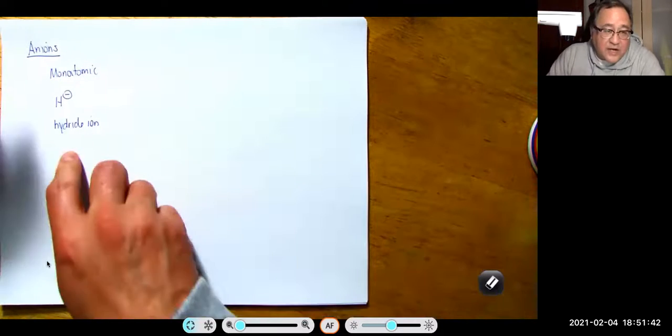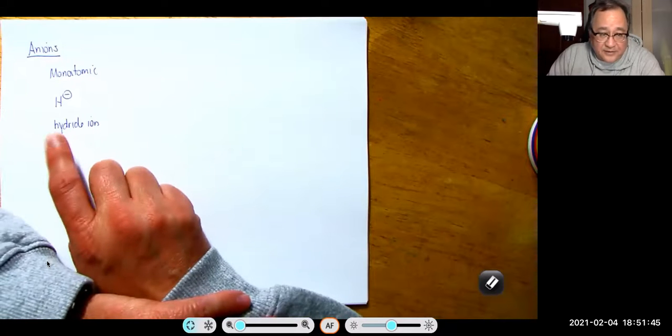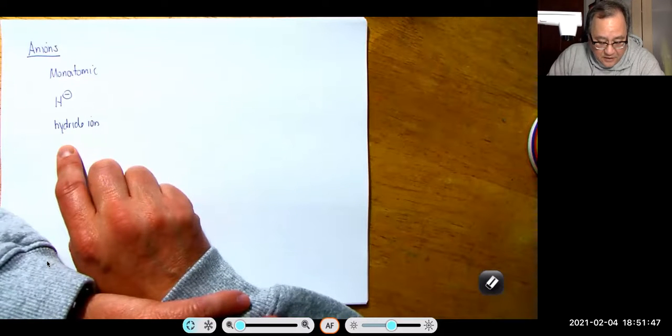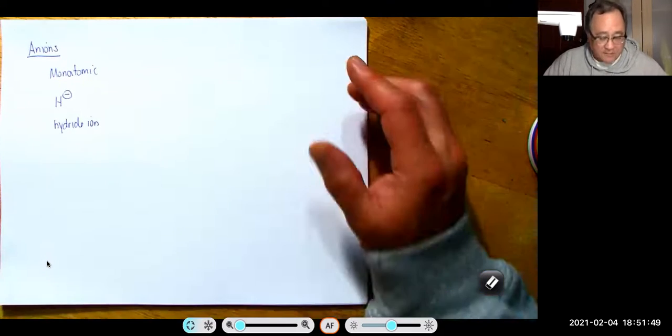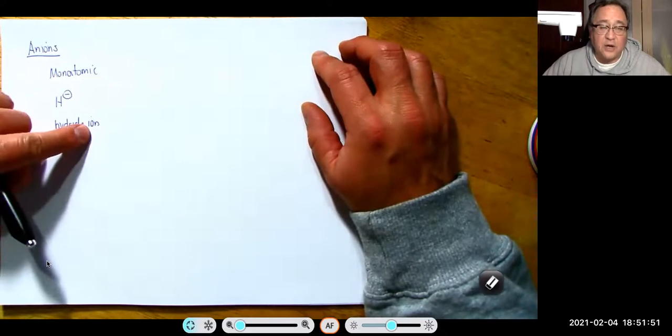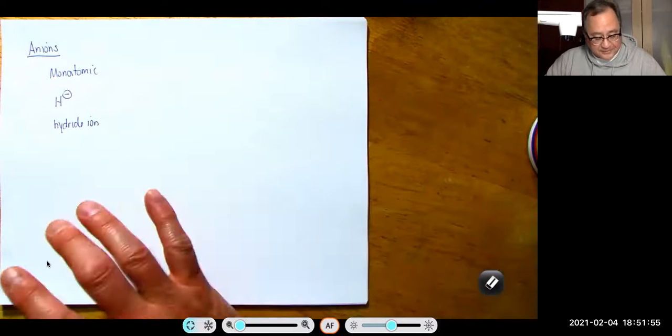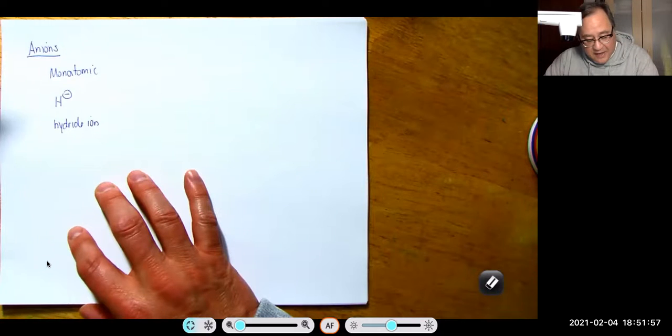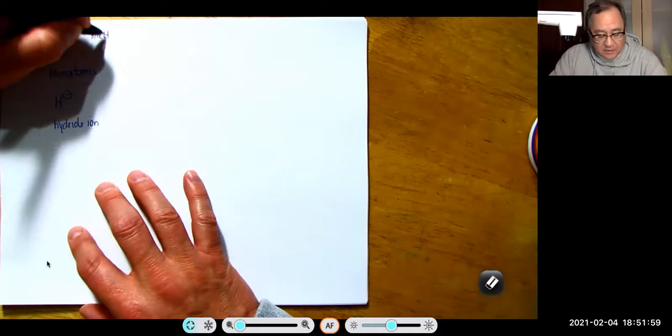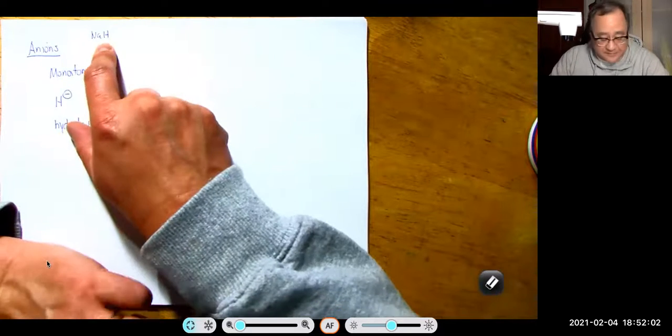And we've seen that word hydride before in molecular compounds. So how are you going to know whether you have a hydride ion or a hydride from a molecular compound? Well, it really depends. If you have NaH, metal, non-metal, that's ionic.